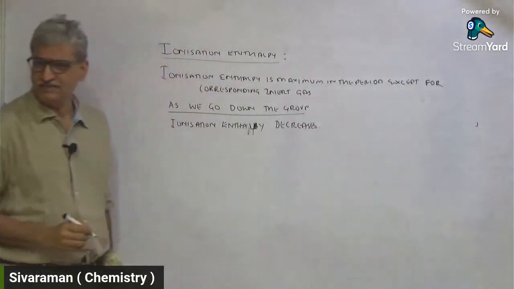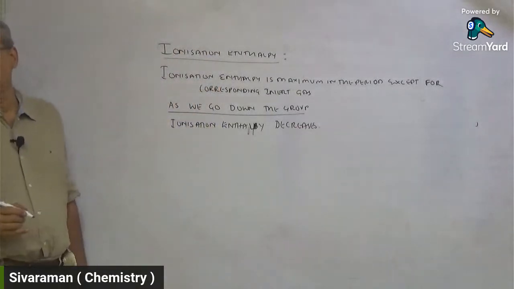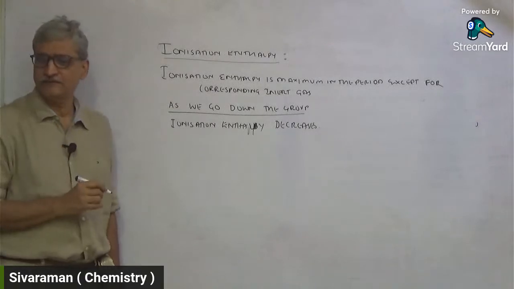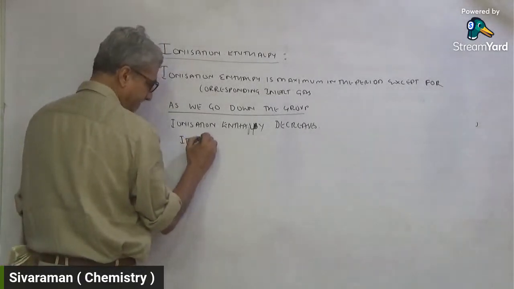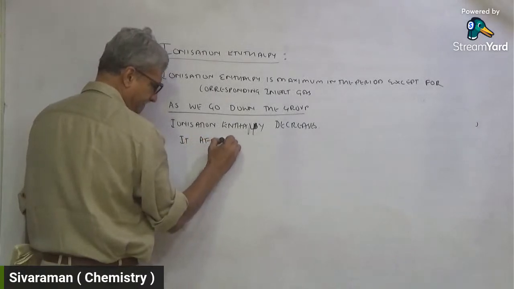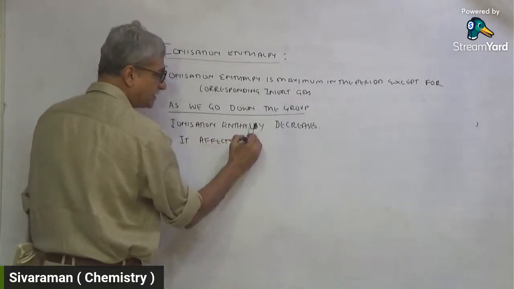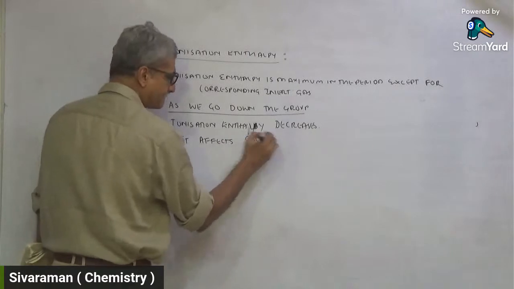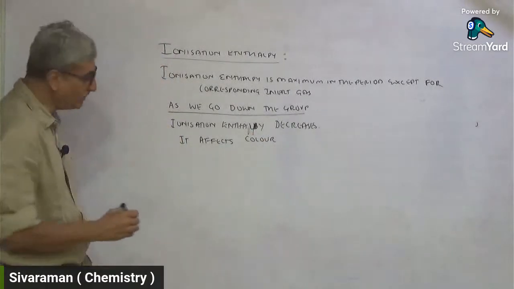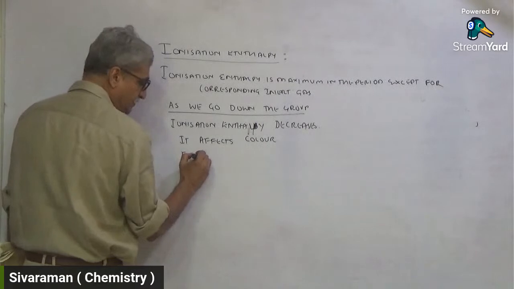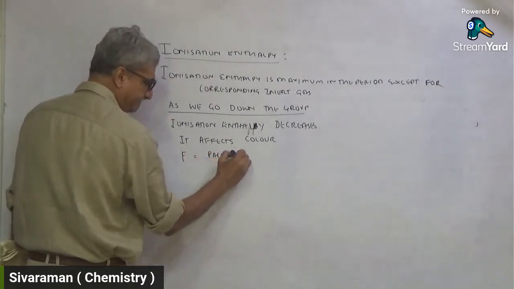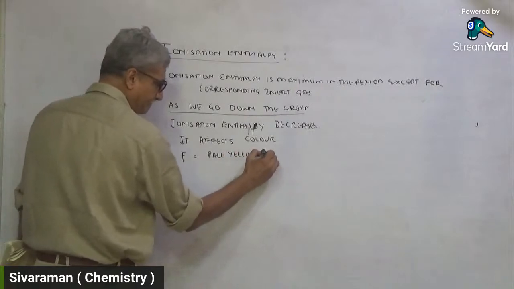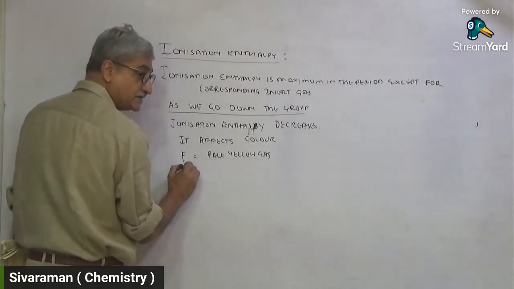So when ionization enthalpy decreases, how does it affect the physical properties? It affects the color. Look at fluorine now. Fluorine is a pale yellow gas.